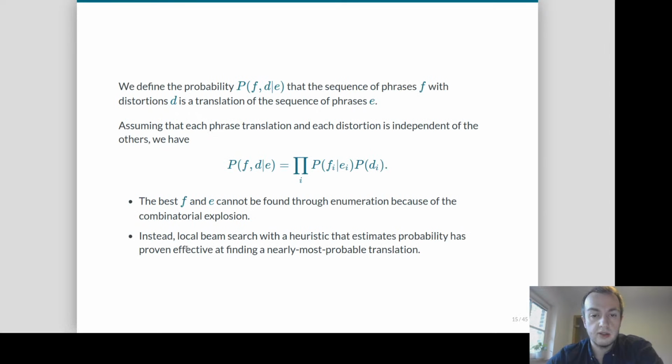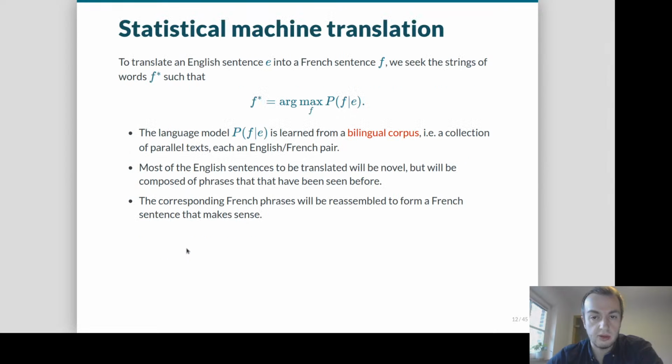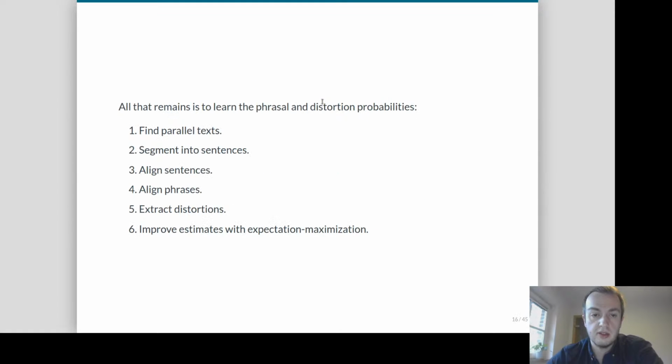All right, so now we basically have a language model, we've defined this. The issue is, how do we build it in the first place? To do that, we would need to find parallel text, so text that are exact translations of one another.